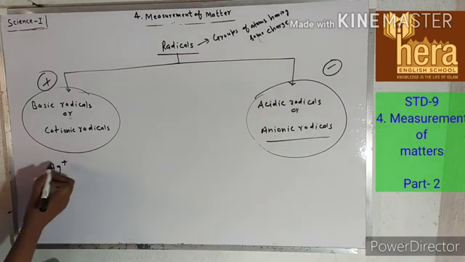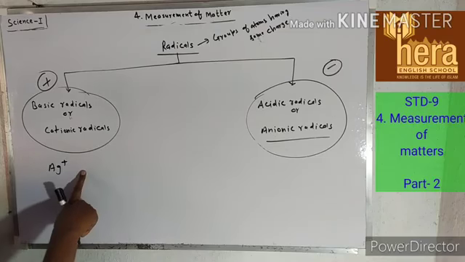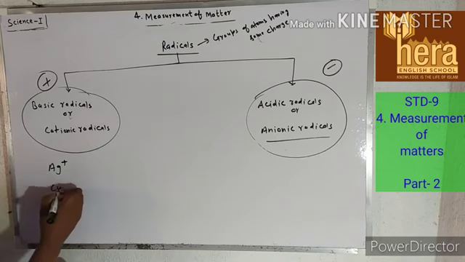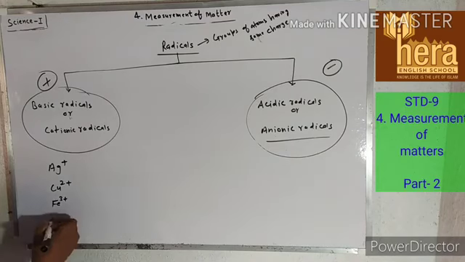Actually this is an ion, a single atom is there. If more than one atom is there, then that is called radicals. Cu 2 plus, Fe 3 plus, Al 3 plus, etc.